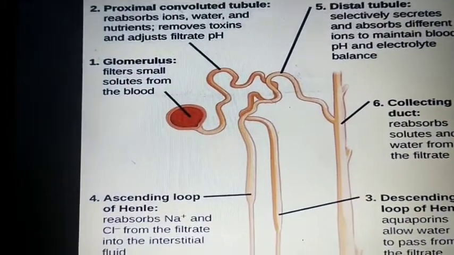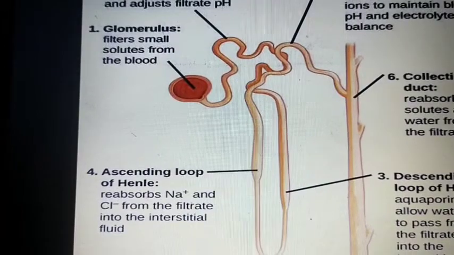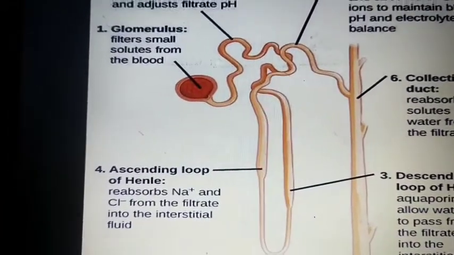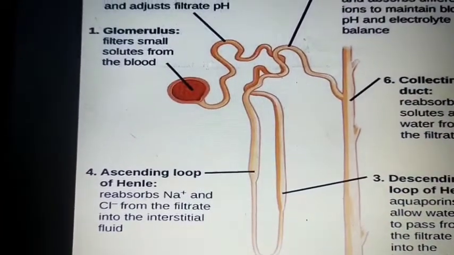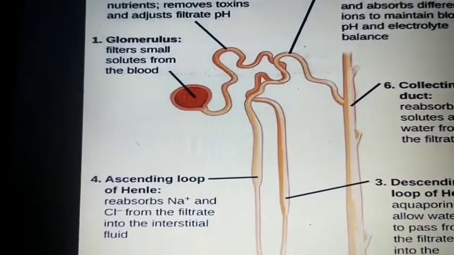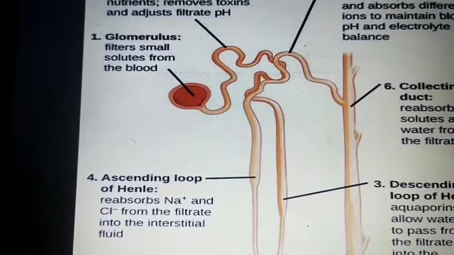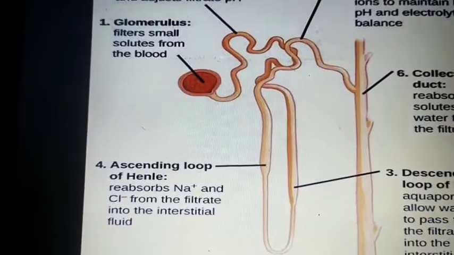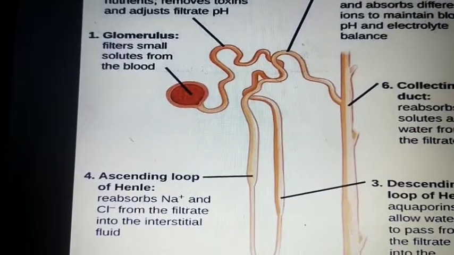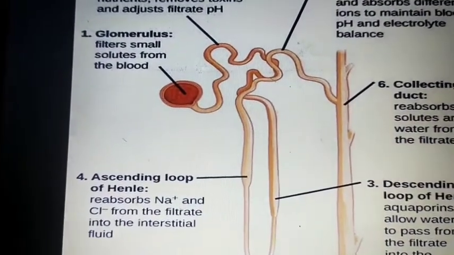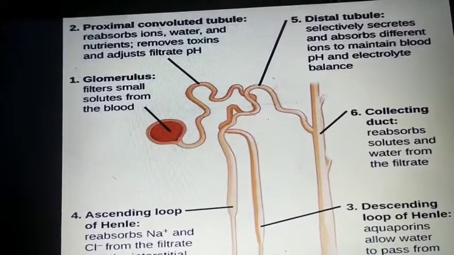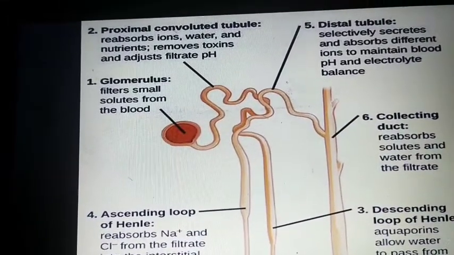The glomerulus filters a small amount of solutes from the blood, and more of the water content. The proximal convoluted tubule mainly reabsorbs the ions. It may be sodium, chloride, potassium, any of the positive ions.